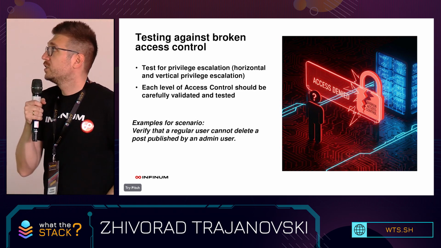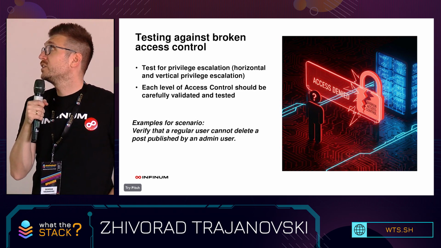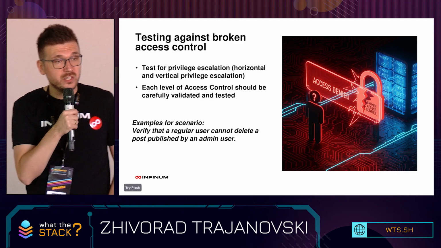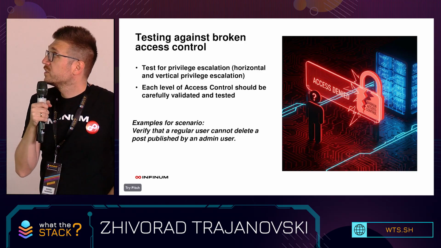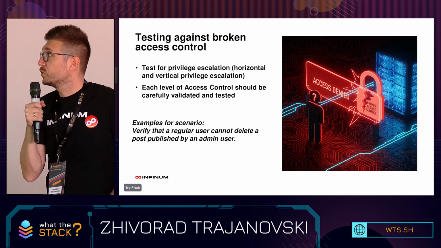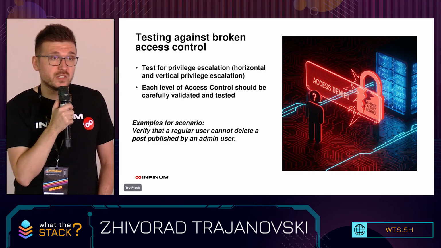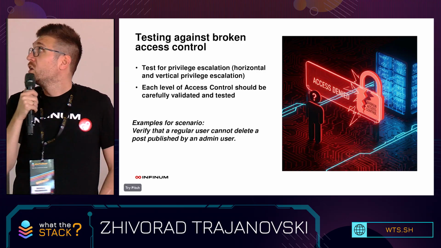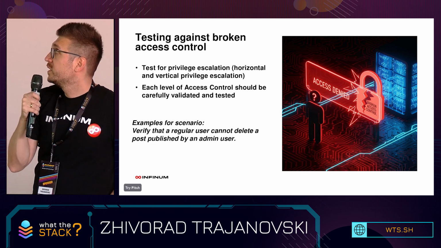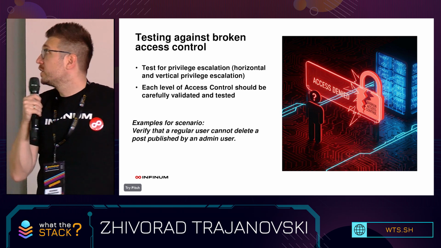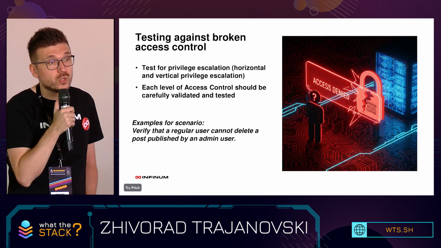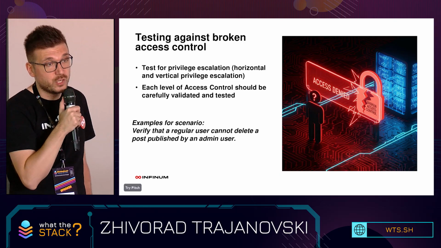Another commandment on the list is testing against broken access control. Here, you should test everything about authorization and privileges from both sides, horizontal and vertical escalation.